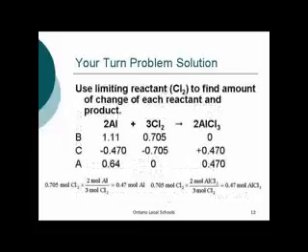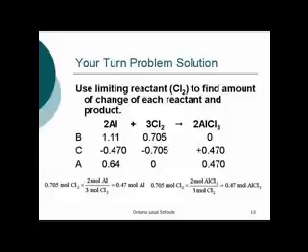I'm now going to use the amount of limiting reactant I have to find the amounts of the change of each reactant and product in the chemical reaction and fill out the change line. So my 0.705 moles of Cl2 times 2 moles of aluminum over 3 moles of Cl2, I find that I will react 0.47 moles of aluminum. So in the change line, I'm going to put minus 0.470 moles of aluminum.